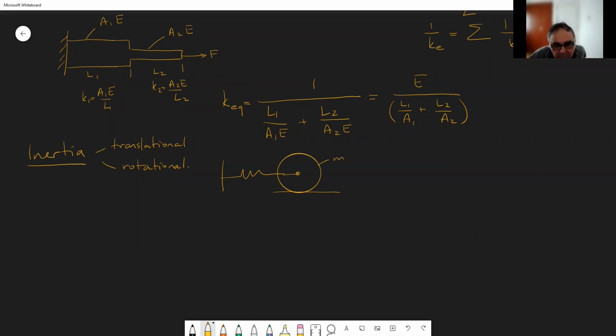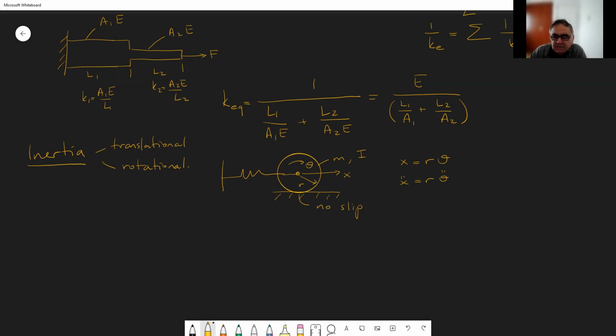This has a mass of m and an inertia of I. Assuming there is no slip, the coordinates are x and theta. If the radius is r, the kinematic relationship is that x equals r theta, which means that x double dot is equal to r theta double dot.